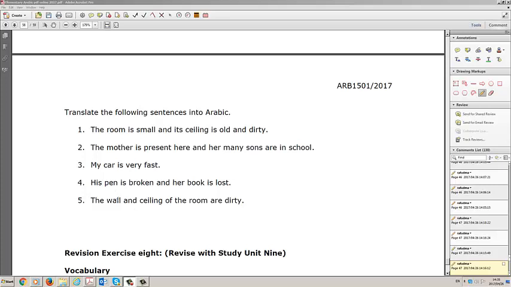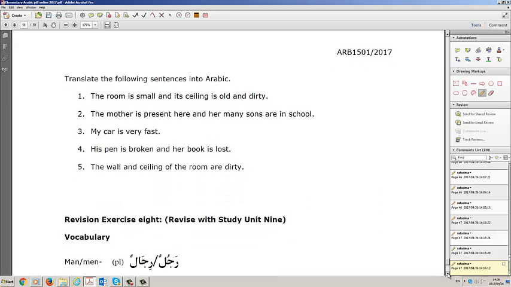So جدار الغرفة سقفها واسخان are dirty. You're talking about two things.